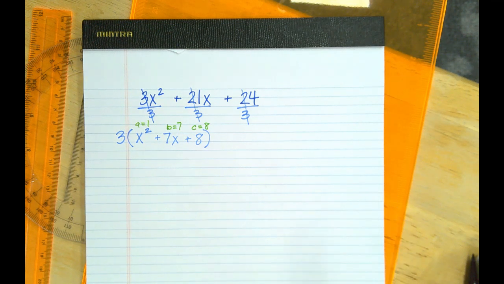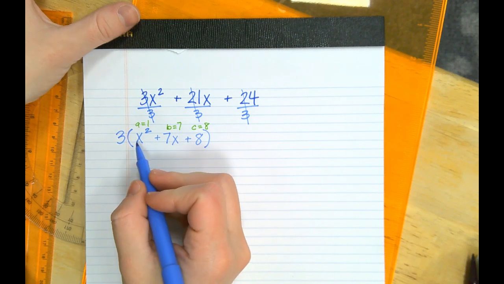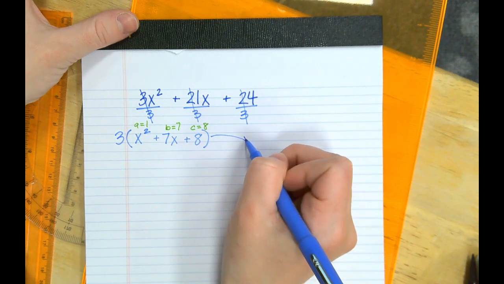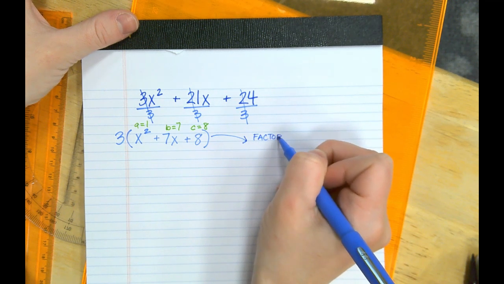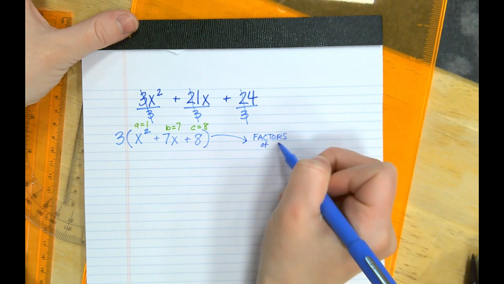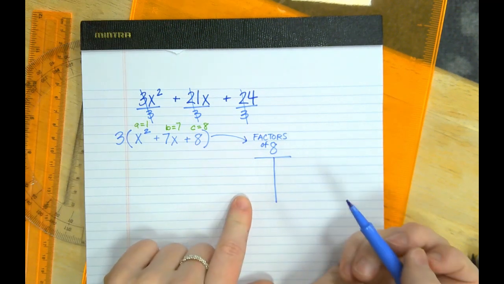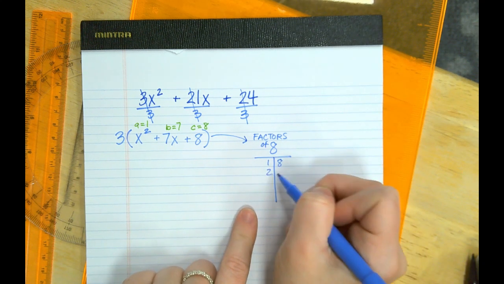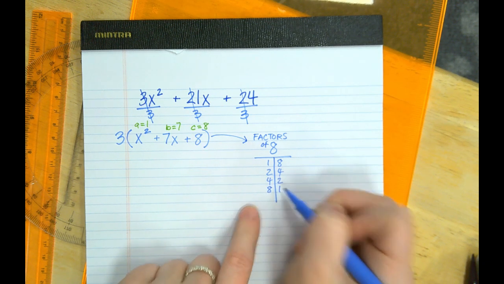And let's see if we can factor this. So, our factors of C. What are the factors of 8? 1 and 8, 2 and 4, 4 and 2, 8 and 1.